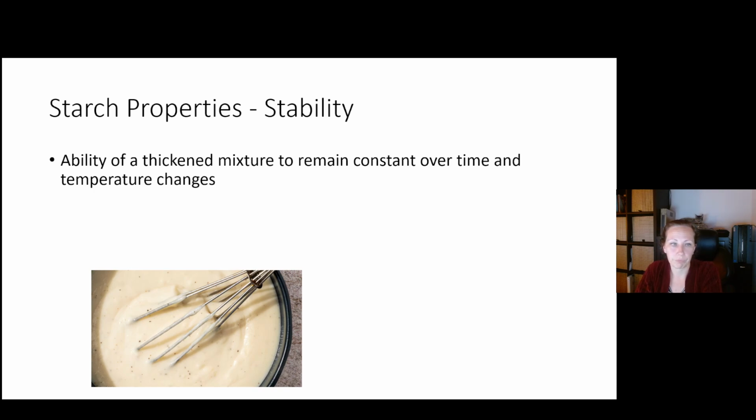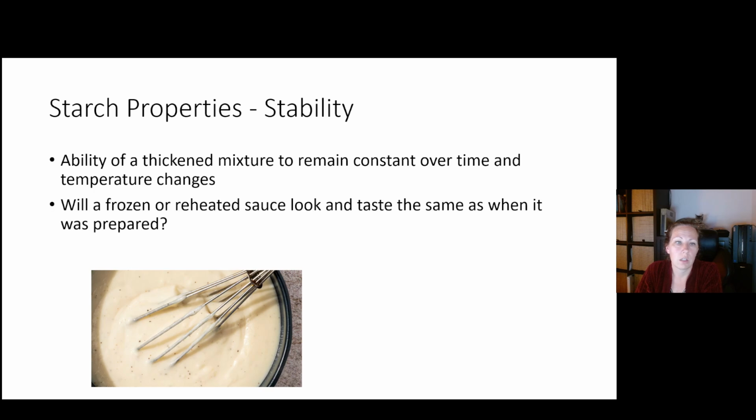And so how stable a gel or paste or sol does this starch form? If I freeze my sauce and then thaw it, if I refrigerate it and then reheat it, is it going to look and taste the same as when it was prepared? And that is going to vary across different starches.